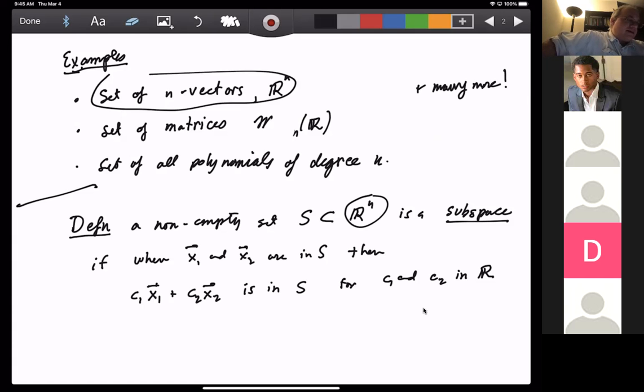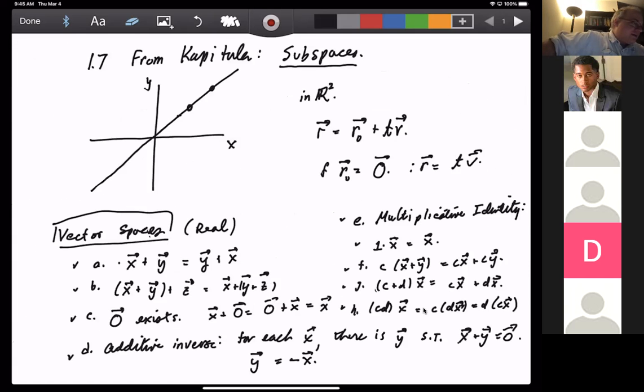And if we go back to the idea that we used to motivate this, the XY plane we can think of as R2. This line we can think of as a subspace of R2. Any two position vectors that put us along the line, if we add them, we get another position vector that lies along the line.